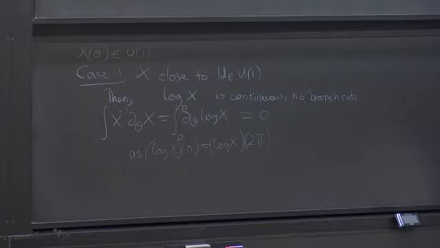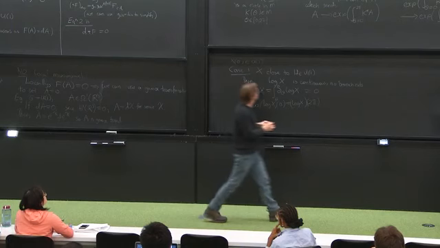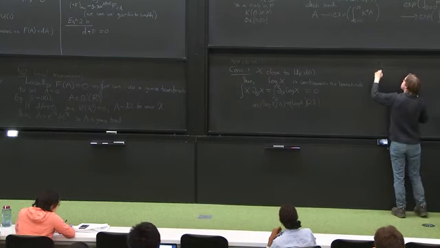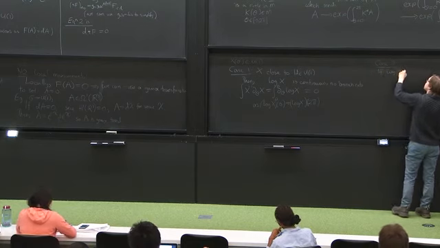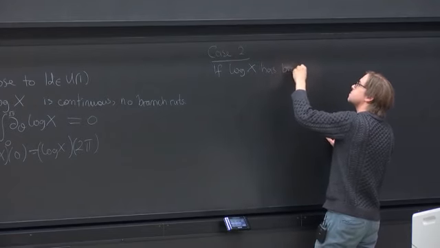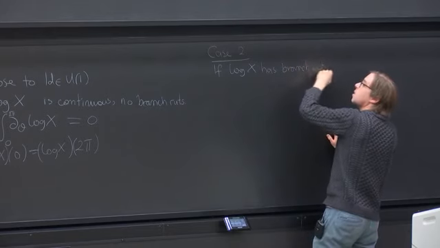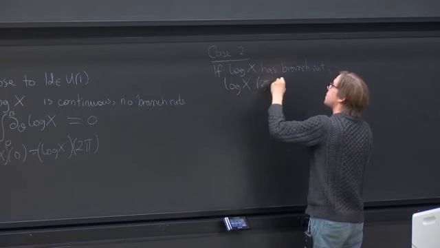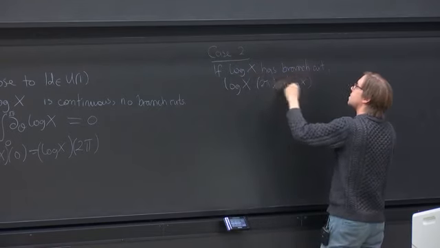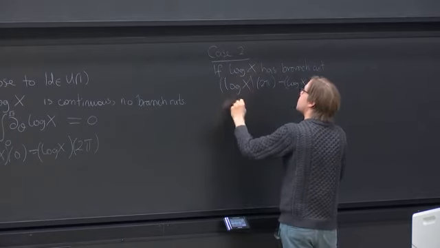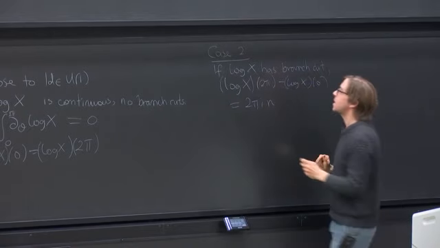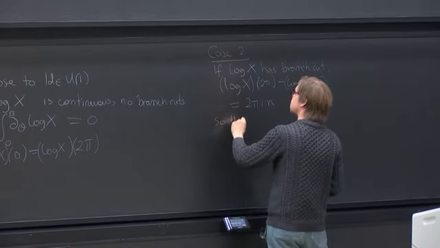There's a slightly more subtle thing: what if x winds around the circle a bunch of times? Which means there's a branch cut in the log. So if log x has a branch cut, well then log x at 2 pi minus log x at 0 is the branch cut in log, which is always an integer multiple of 2 pi i, so this is 2 pi i times n, and this disappears when we exponentiate.